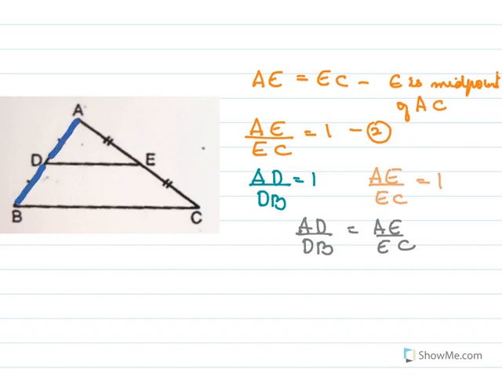So D and E divide AB and AC in the same ratio. So hence I can use the converse. So I can say that DE must be parallel to BC.